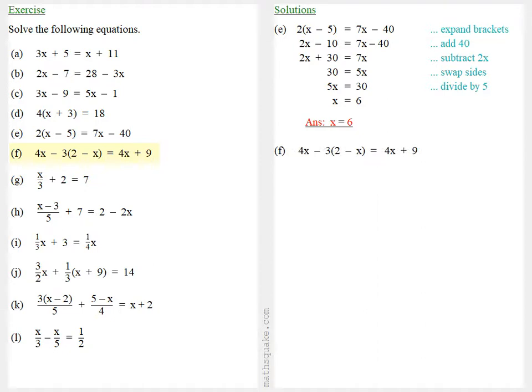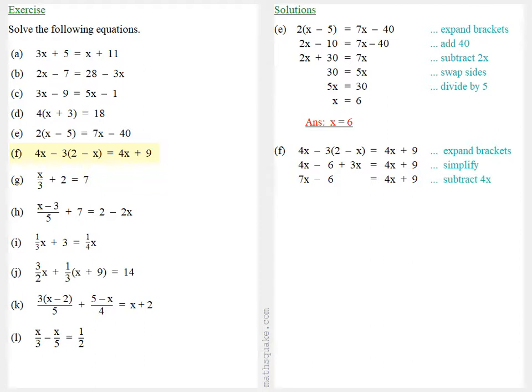Again, in question F, we have brackets. So we have 4x minus 3 into 2 minus x equals 4x plus 9. So the first step is to expand the brackets. And we have 4x minus 6 plus 3x equals 4x plus 9. Now we can simplify that a bit. Adding the 4x and the 3x gives us 7x minus 6 equals 4x plus 9.